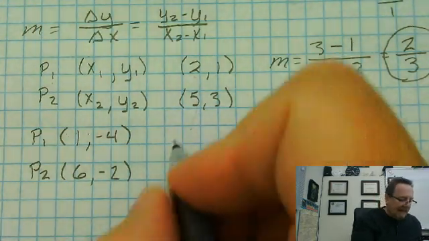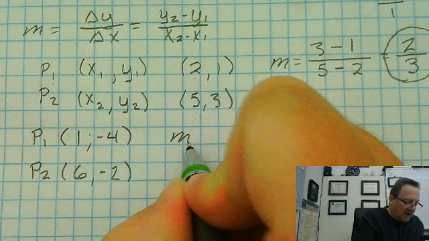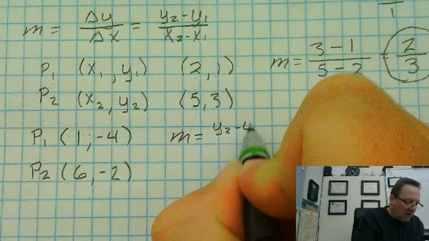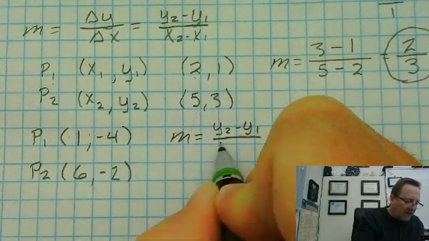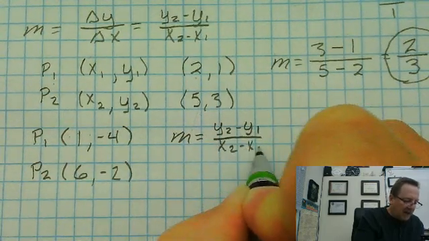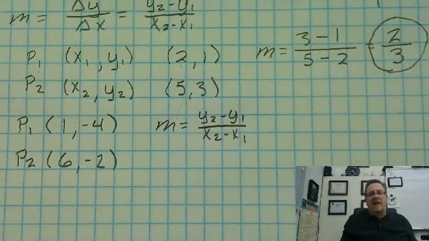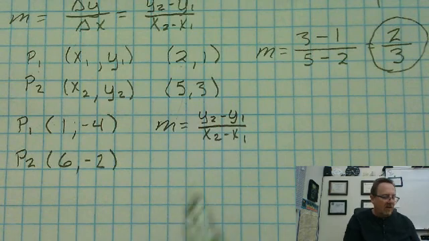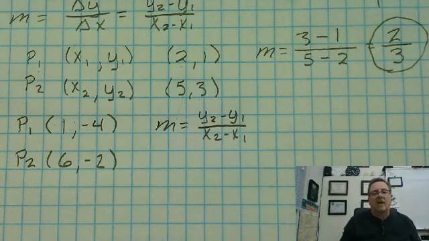Okay? I know my slope is equal to y2 minus y1 over x2 minus x1. Now, I'm going to tell you this because it's important. Slope is used a lot, okay? Slope is going to be used for years to come.